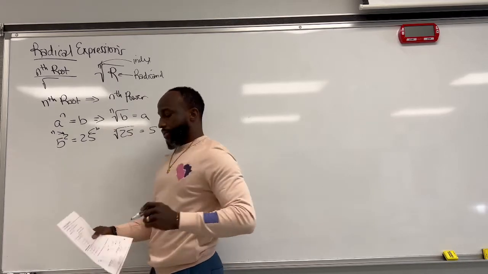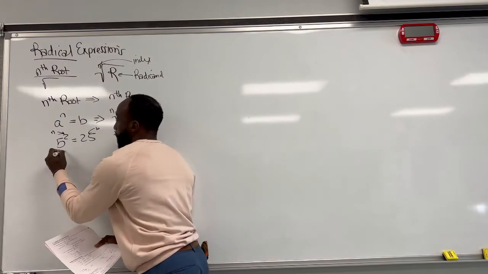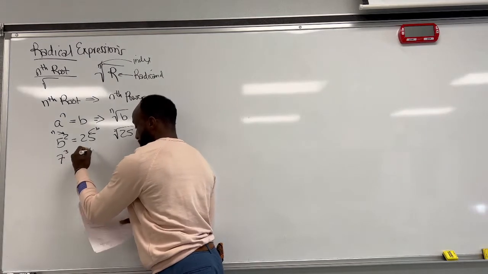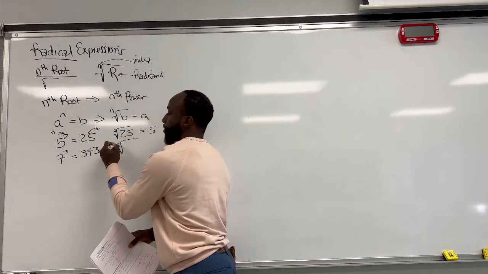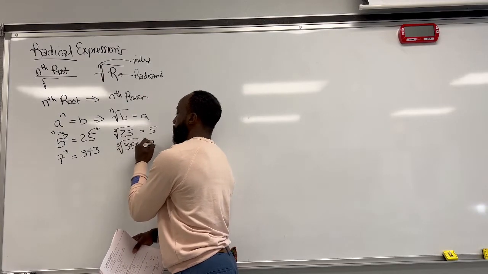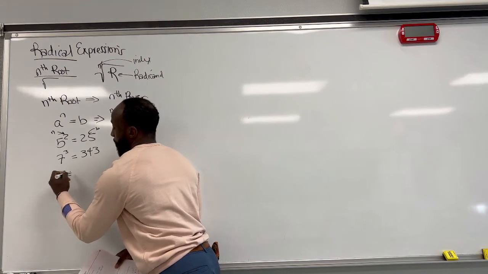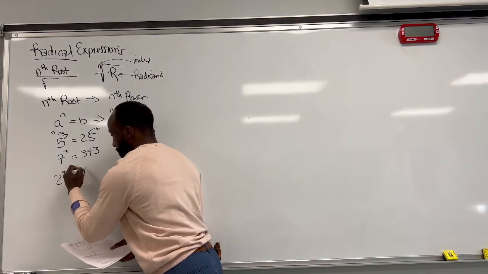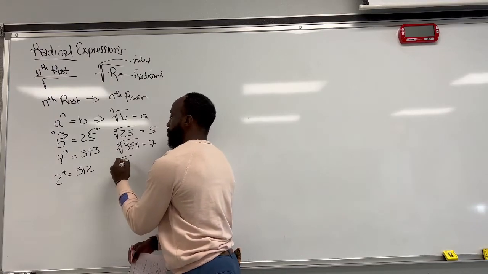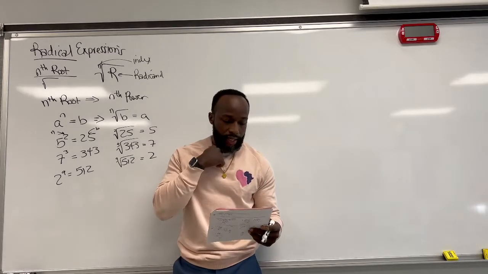If 7 to the 3rd power equals 343, then the 3rd root of 343 equals 7. And 2 to the 9th power equaling 512 means the 9th root of 512 equals 2. So that's how we're rocking.